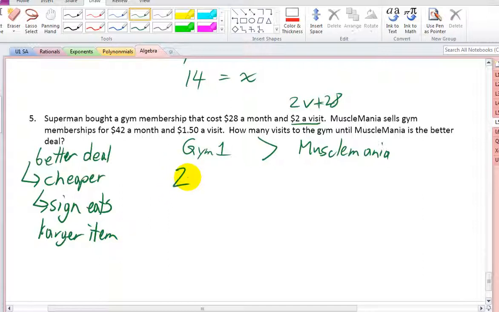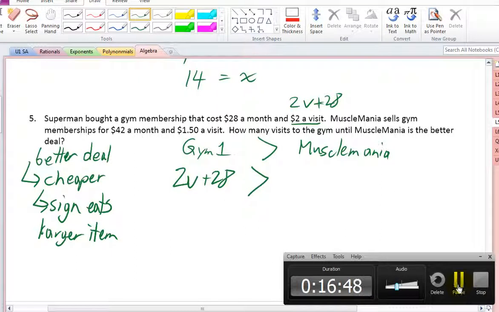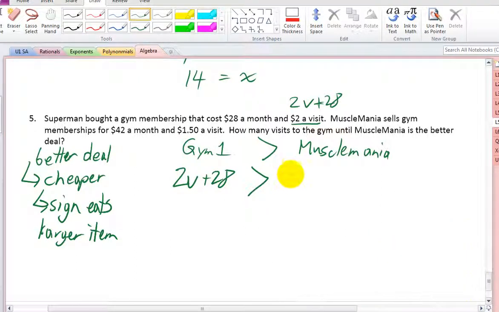I told you Gym 1 was 2V plus 28. Figure out Muscle Mania. Go. So it would be $1.50 V plus 42. Okay, solve for V. Go. Solve for V.